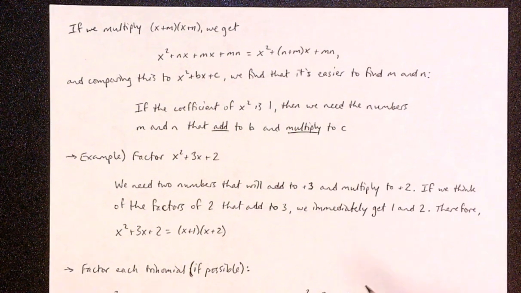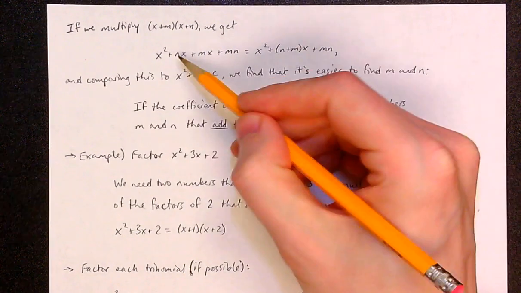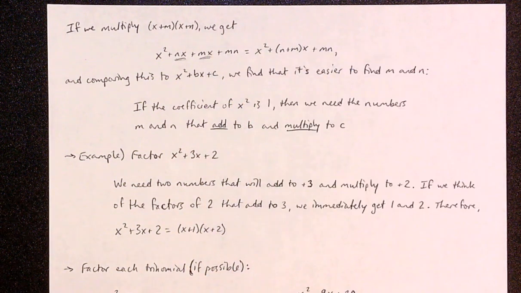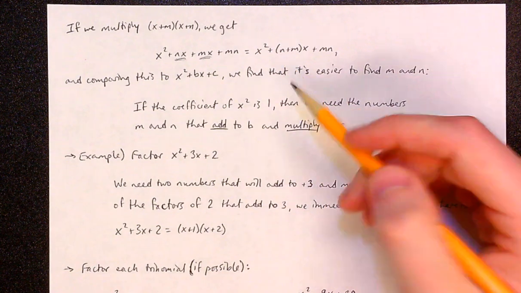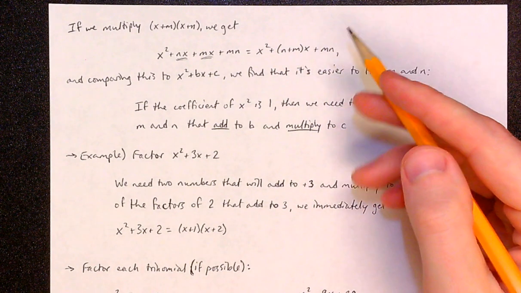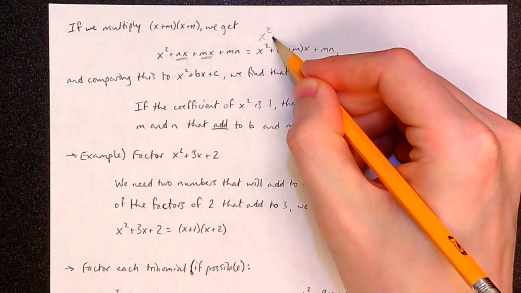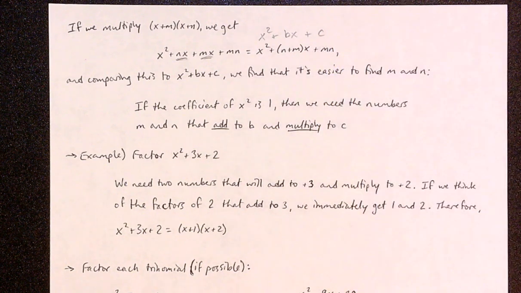And I want to look at combining a couple of these terms. These two terms here, the nx and the mx, have a common factor of x in them. So I can pull that x out of just those two terms and write it as n plus m, that sum, times x. And I want to compare this to x squared plus b times x plus c.